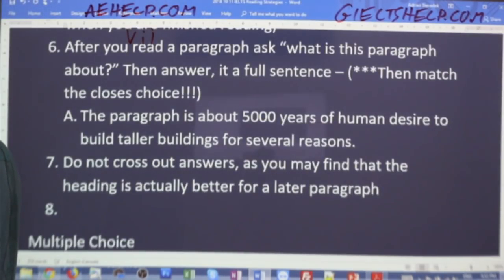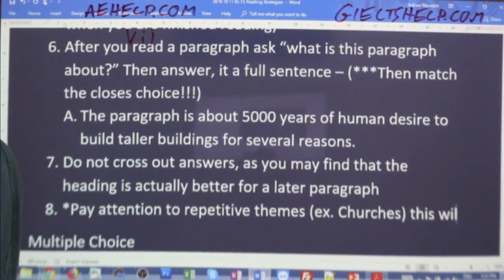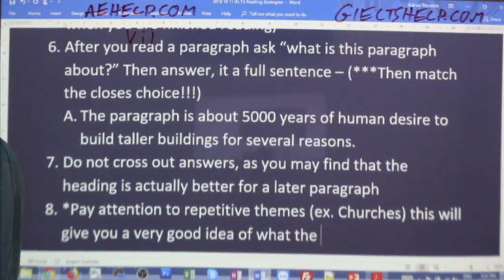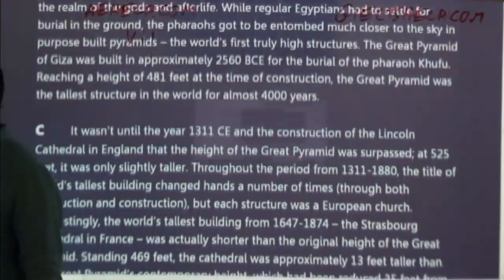And 8, pay attention to repetitive themes like churches. This will give you a very good idea of what the paragraph is about. All right? So those are a couple more tips. I think that's it for the tips. Let's keep going here.